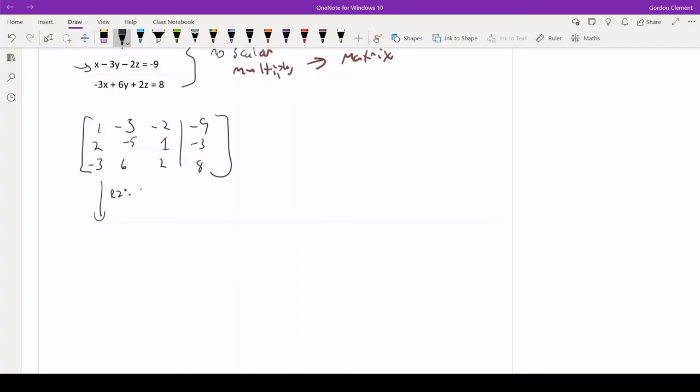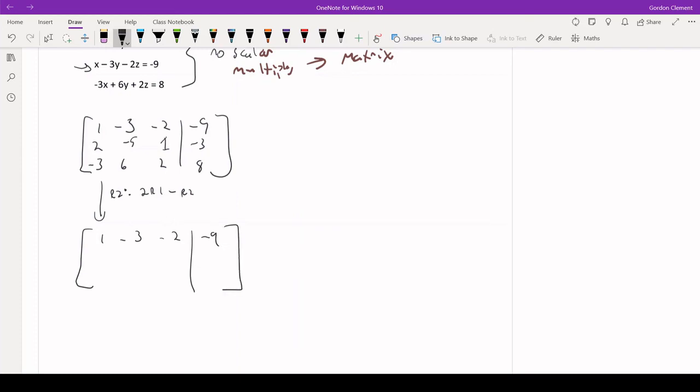Since it's a 1, the combo that always works is multiply to match, and then subtract. If I'm changing row 2, I need to use row 2. I can't use row 1 and row 3 and replace row 2. So I'm taking row 2, doing 2 times row 1, and then subtracting row 2. Row 1 is good. It's going to stay exactly the same the whole time.